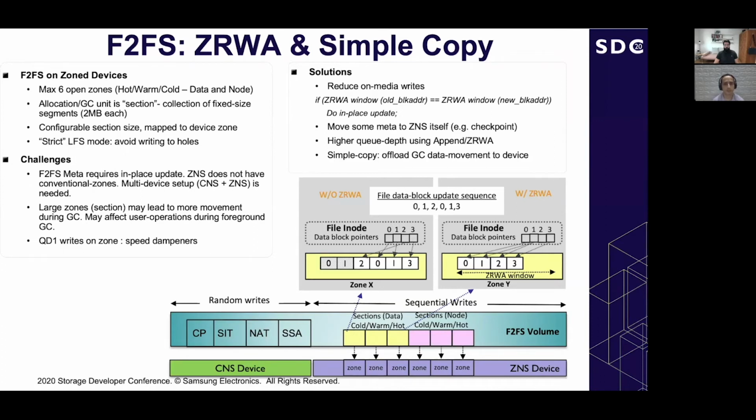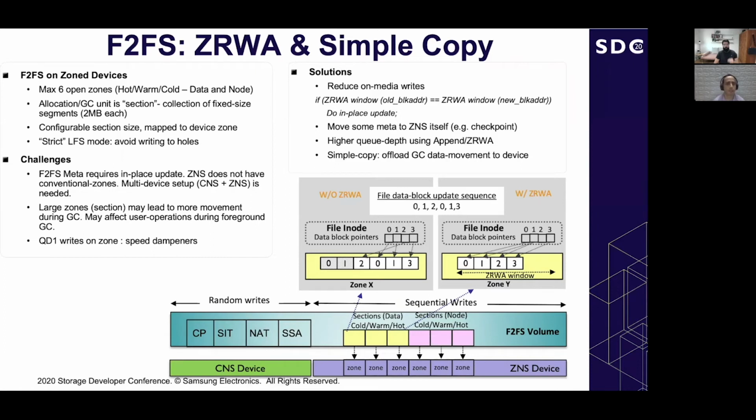F2FS is used as a reference here. It is possible to apply the same underlying idea to other log-structured software as well. A couple of things are required to set up F2FS on zoned devices. It has a maximum of 6 open zones: hot, warm, and cold, and 2 sets of each, one for data, the other for node.